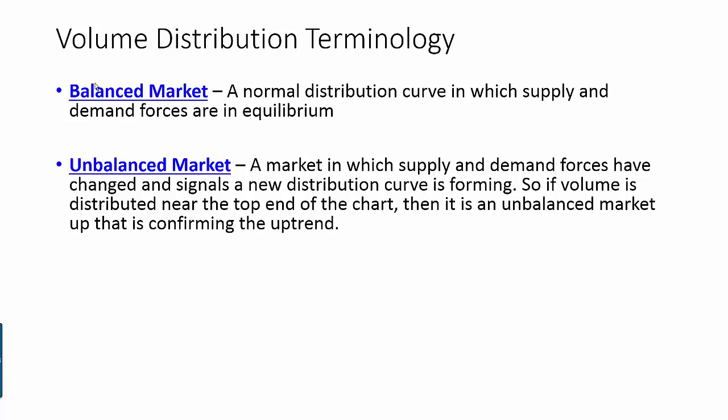Kasi it's confirming na umaakyat yung price, volume is getting larger at the top end of the volume distribution range. So, ganun. Or kung pababa naman, makikita mo, nag-increase dapat yung volume distribution and slanted siya naman pababa.